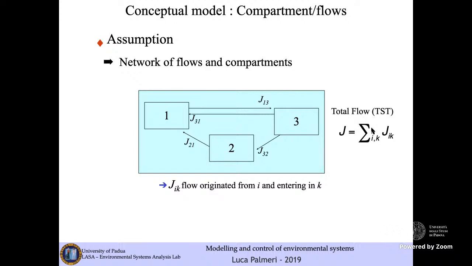In this case, we may, for example, calculate the total system throughput, that is the sum of all the flows. I remind you that these are oriented flows, so J31 is different from J13. J31 is the flow of material from state variable 3 to state variable 1, while J13 is the flow of material from state variable 1 to state variable 3. I make the summation and I obtain a first indicator of the performance of a network, that is, the total system throughput.